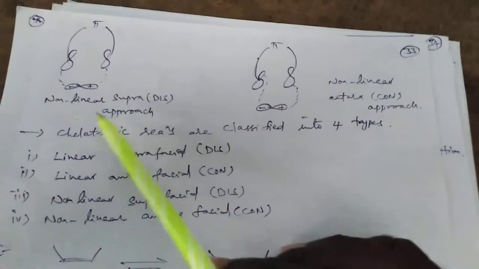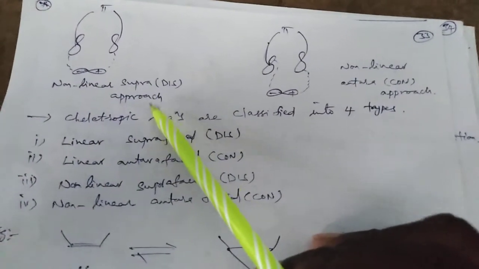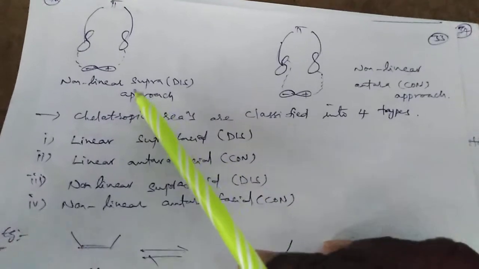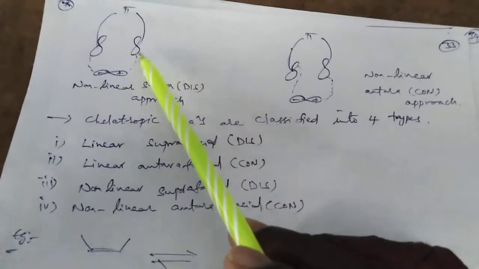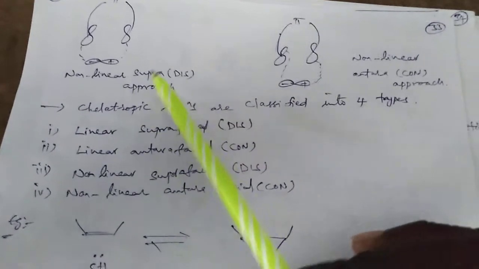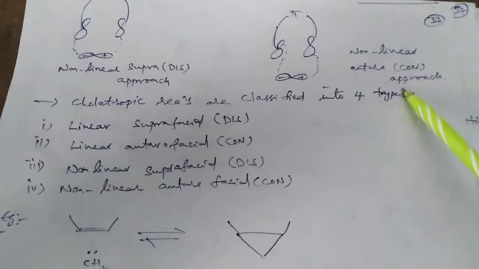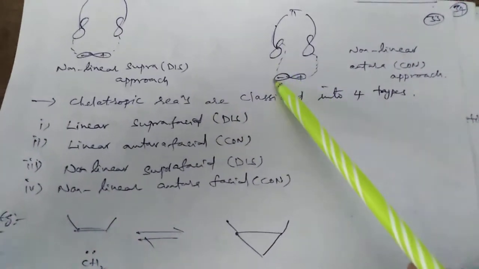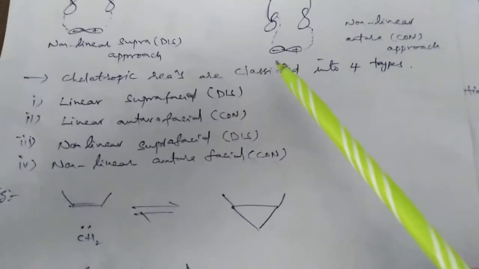Now the non-linear suprafacial approach or addition: when the same sides of the lobes participate in the sigma bond formation, it is called non-linear suprafacial. Non-linear antarafacial: opposite sides of the lobes participate in the sigma bond formation.